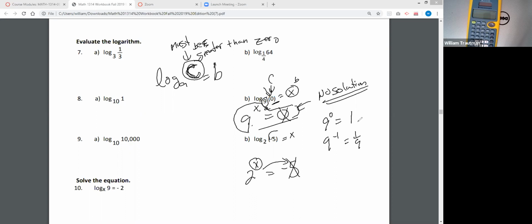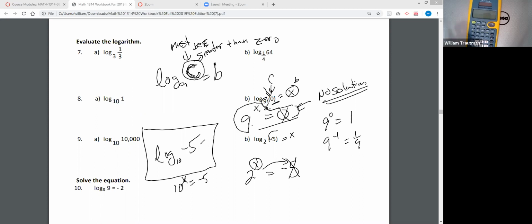And I'm going to kind of show you that right here. The log of -5. Remember, when I do log of -5 on my calculator, it's base 10. So it's 10 to what power equals -5? Let's do log of -5 on my calculator.